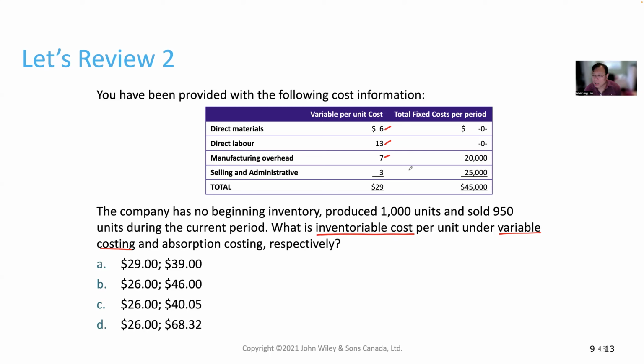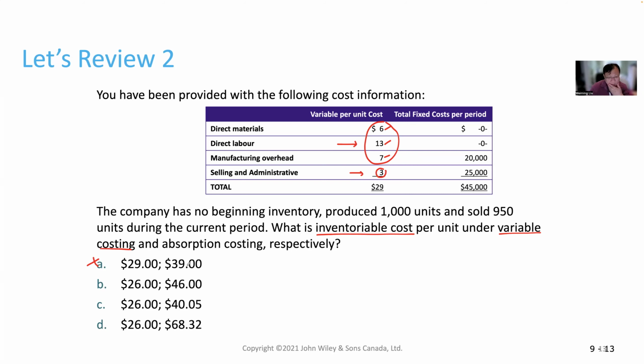It's not a product cost, right? So these are the variable product costs. This is a variable period cost. So they are all variable costs, but this one is a variable product cost, and this is a variable period cost. So only the variable product costs are the inventoriable costs, which go into the inventory, right? So therefore, we know that's the 26. So A is eliminated.